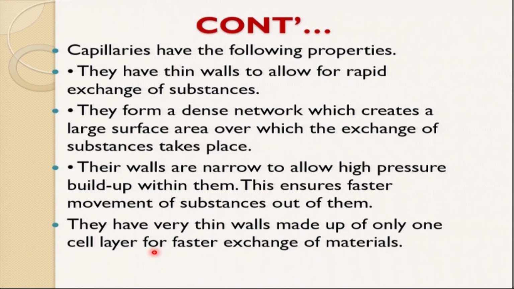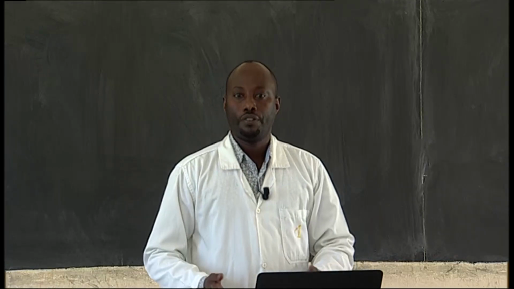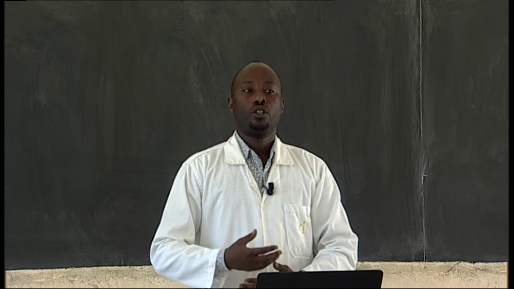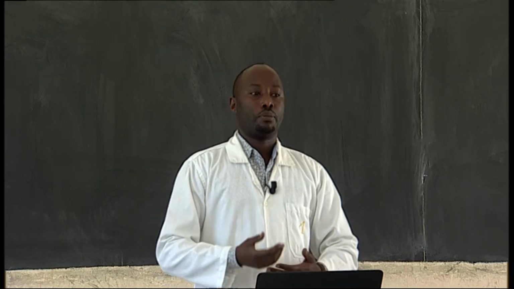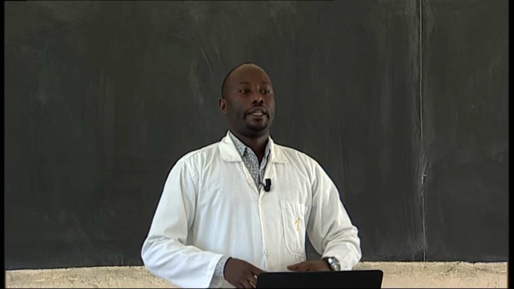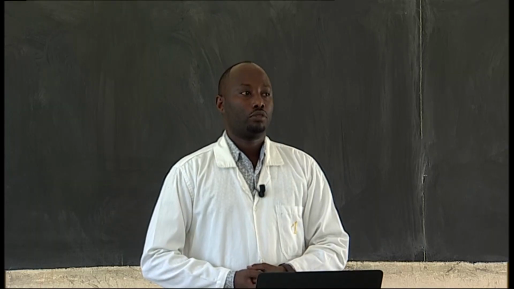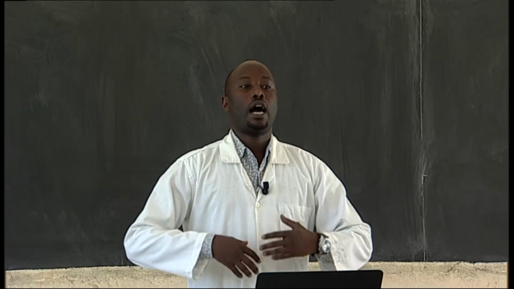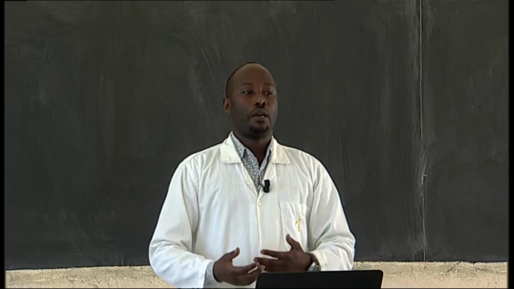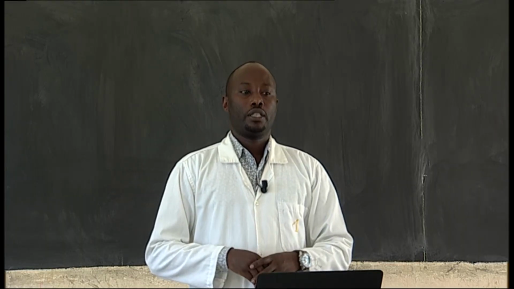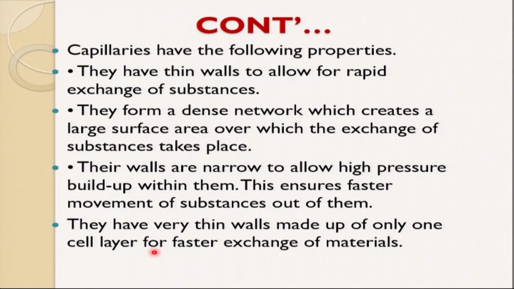They form a dense network which creates a large surface area over which exchange of substances takes place. A large surface area means they are thin, and if they are thin, it is easy for the exchange of substances to take place. Their walls are narrow, which allows high pressure to build up within them. This ensures faster movement of substances out of them.